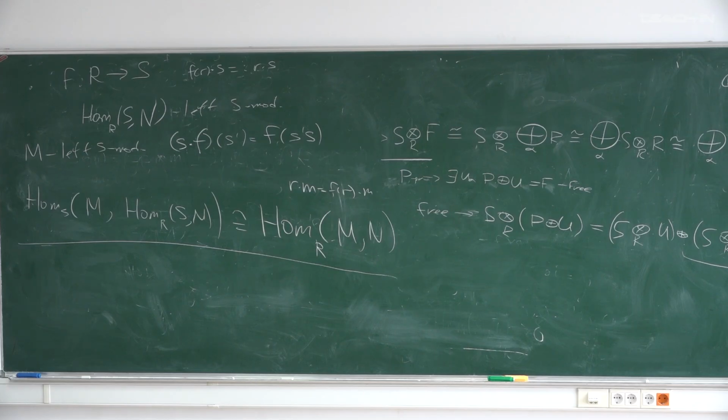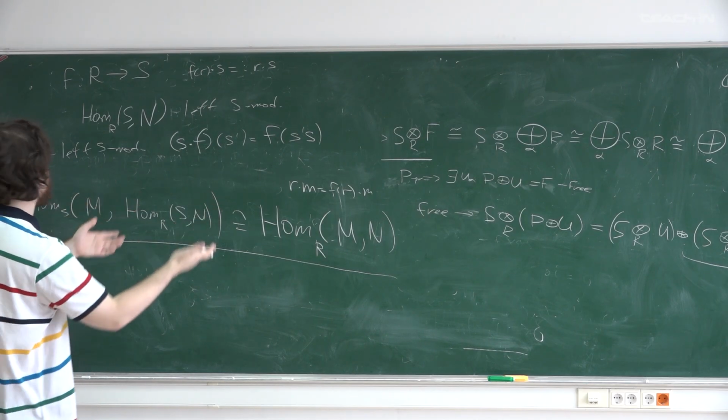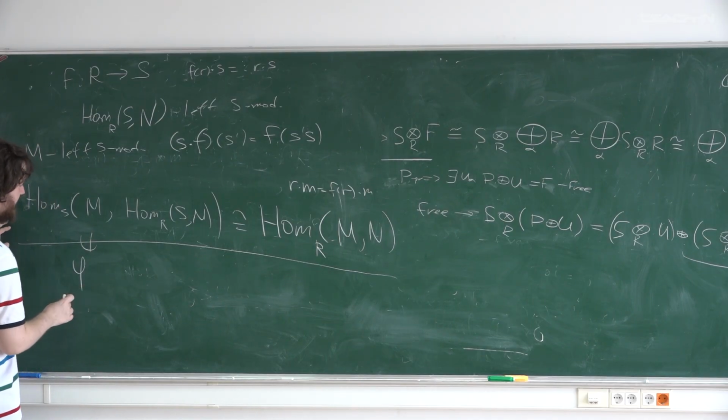Maybe some of you can give me the isomorphism. Okay, let's just give some candidates for these isomorphisms. From left to right, I have some element phi from M to Hom.